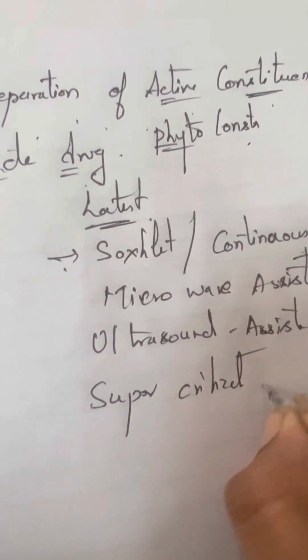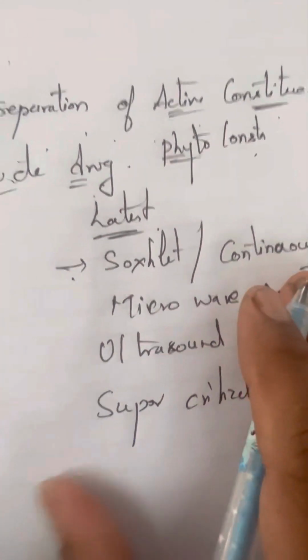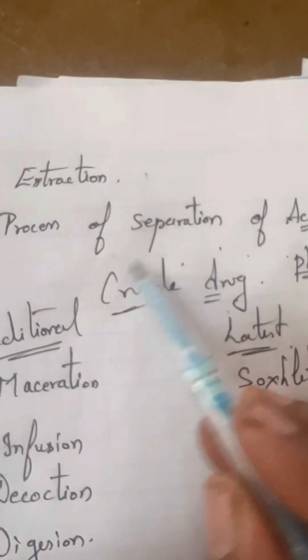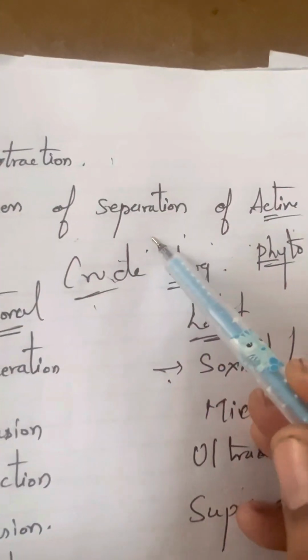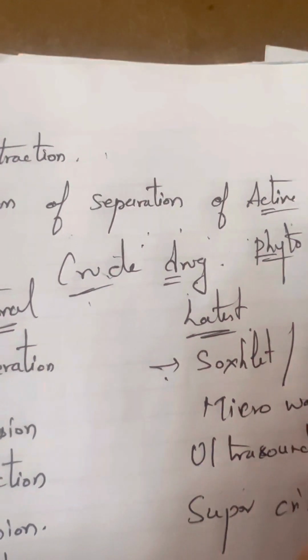When we take a crude drug, we need the active constituents having medicinal property. The process we do for that is known as extraction.